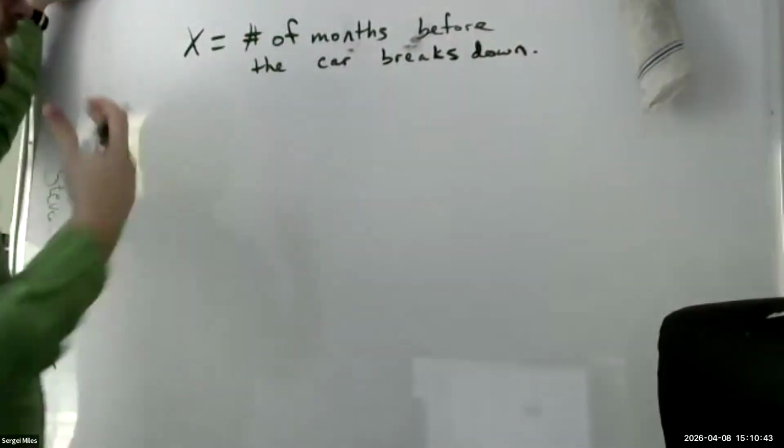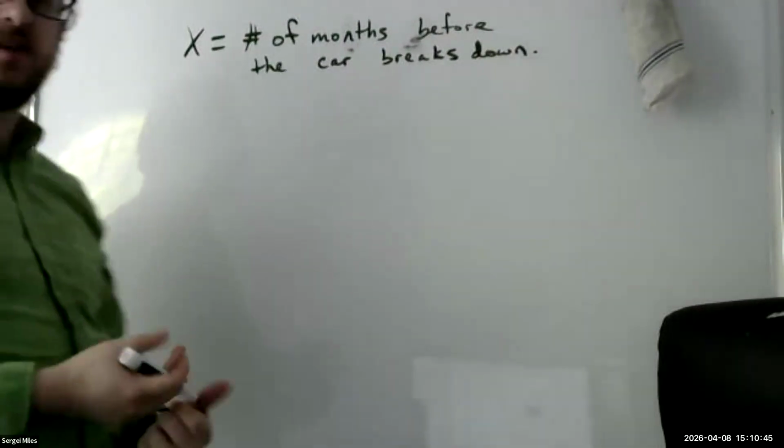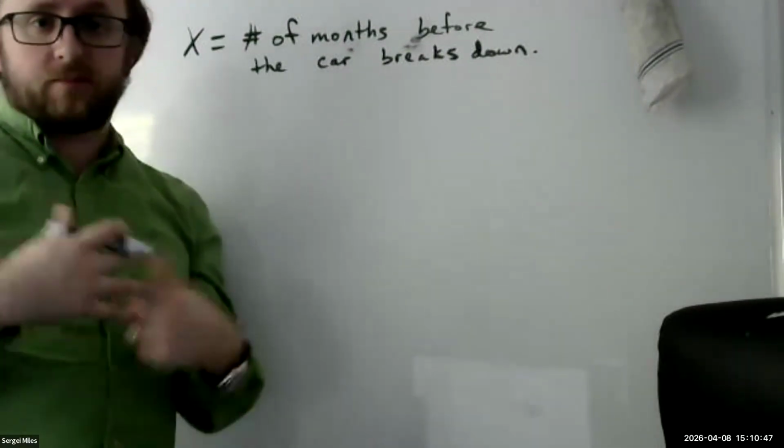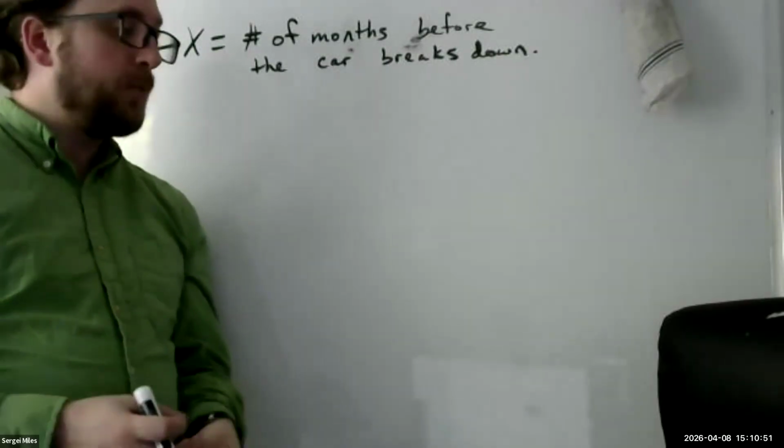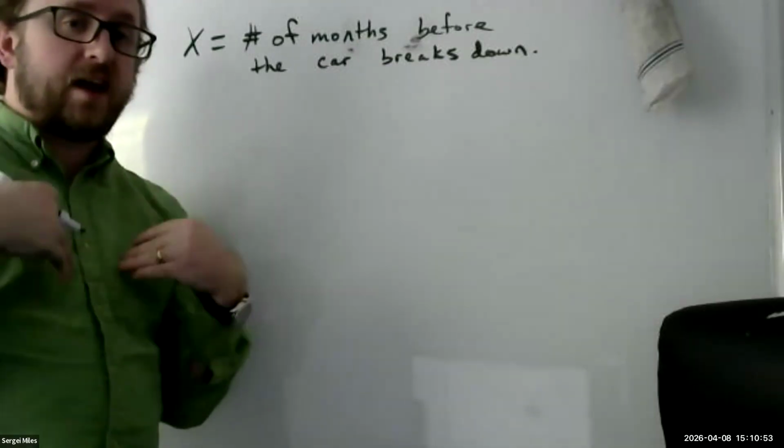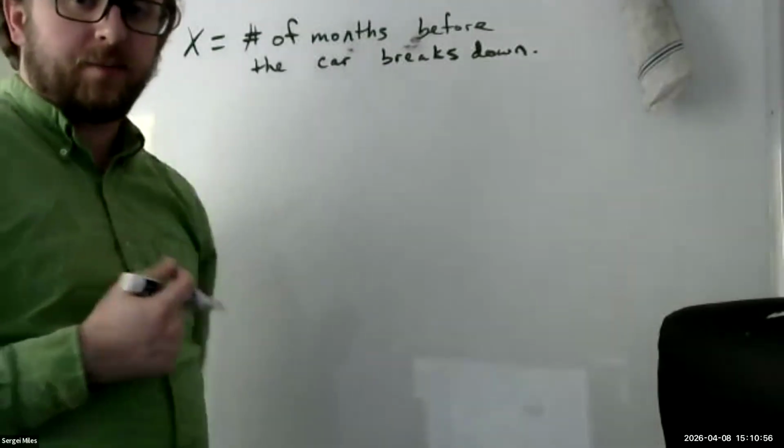All right. Well, the salesman knows it's going to break down in the next 6 months, or somehow expects it, right? But it could be any time between now and 6 months later, right?